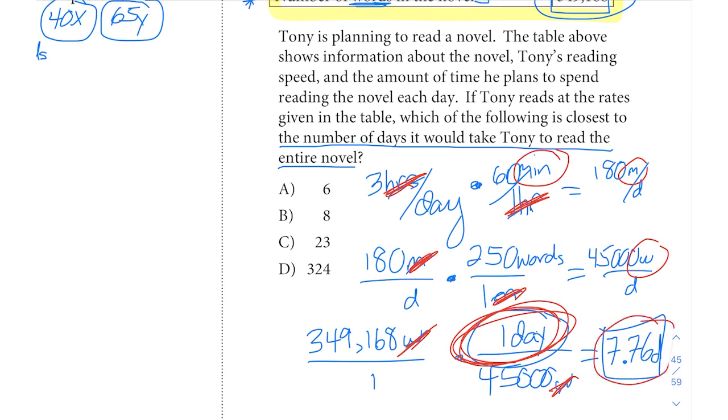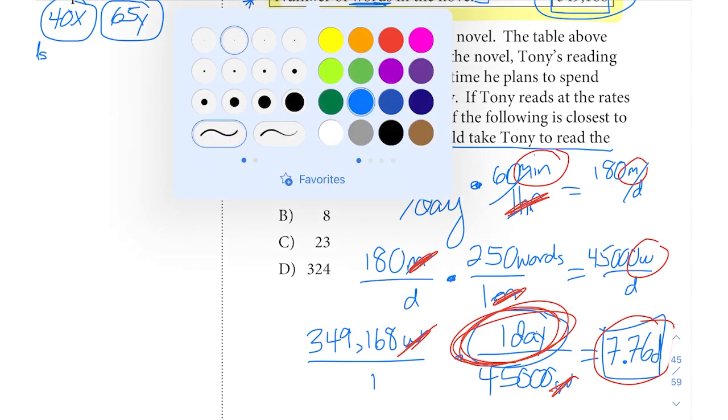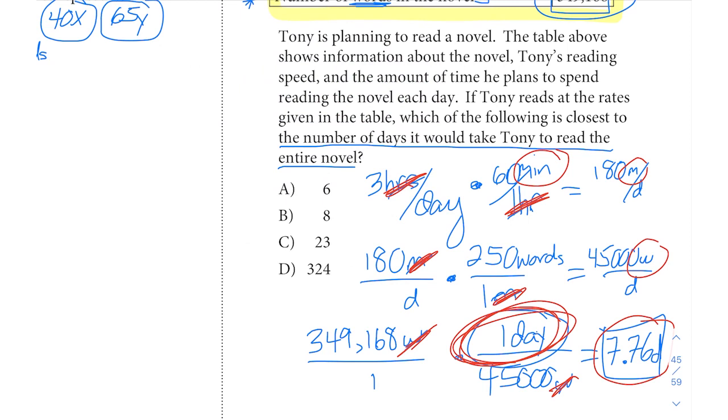So this would be 7.76 days. And if we look at our answer choices, well, if you're even part way into the 7th day, even if it had come out to be 7.1, if you're into the 8th day, it takes you 8 days to read this novel. So it doesn't really matter if that's 0.76 or 0.23 or 0.48 or 0.59.